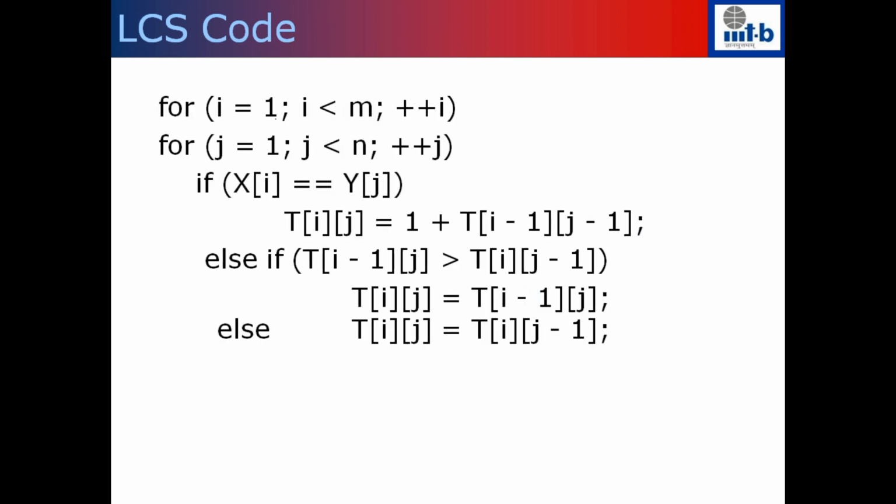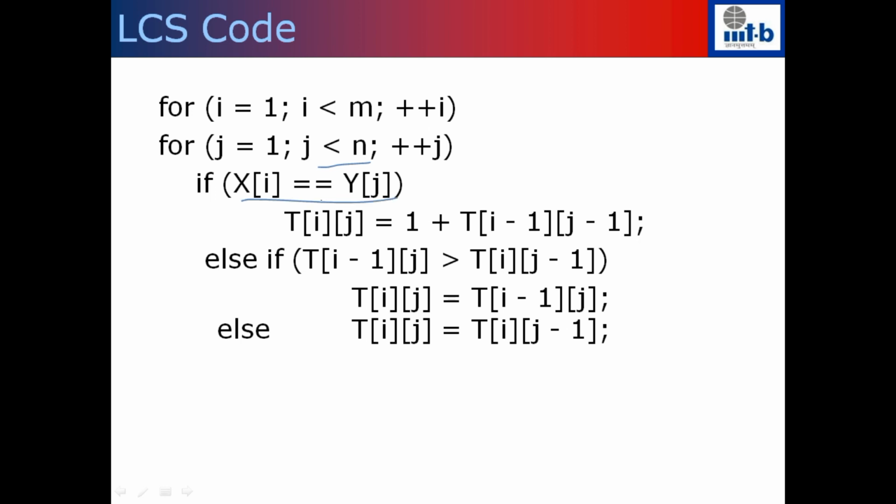After that, the indexing of the strings goes from 0 to n minus 1. Once we have set the first row and first column, i goes from 1 to m and j goes from 1 to n. The first thing we check is whether x of i is equal to y of j.